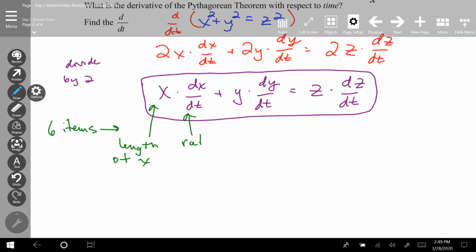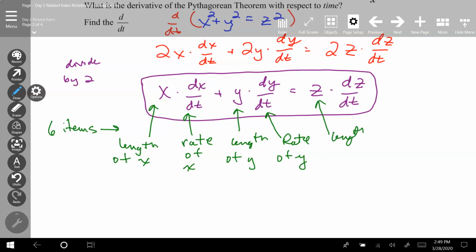We have the rate of change of side x. We have the length of side y. We have the rate of change of side y. Length of z. And finally, the rate of change of side z.